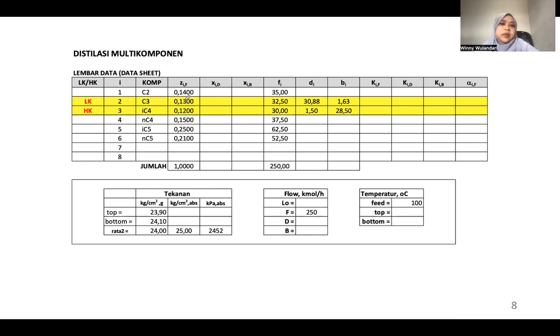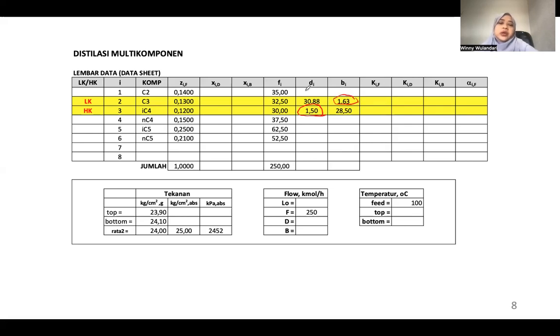In this problem, the light key and heavy key are defined. In this case, the light key is the component C3 and the heavy key is the component IC4. Usually the heavy key should come in important amount in the distillate. So you note with this one, it is small but very important, like 0 point something over here, and then you also have the light key over here.